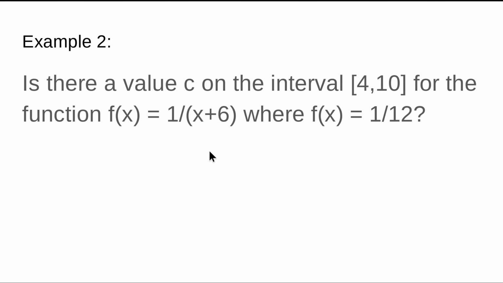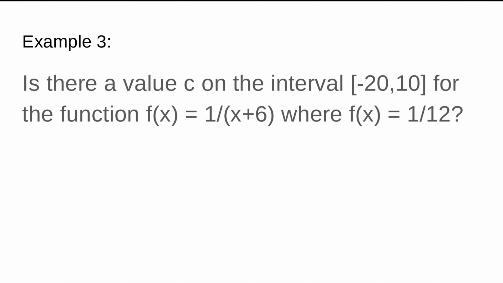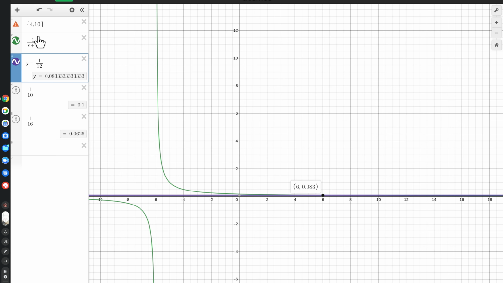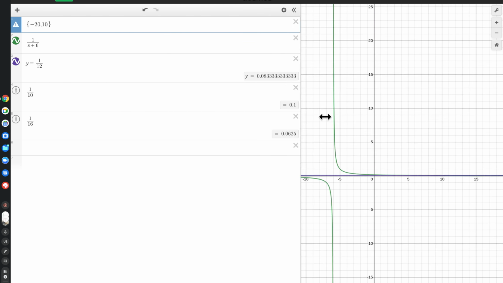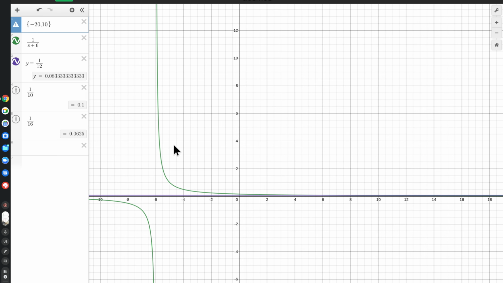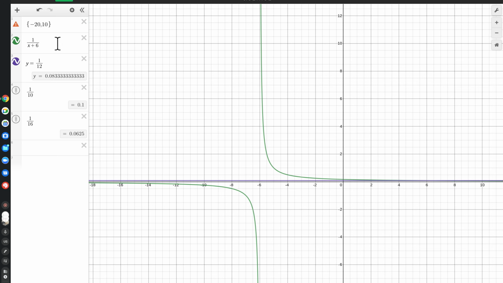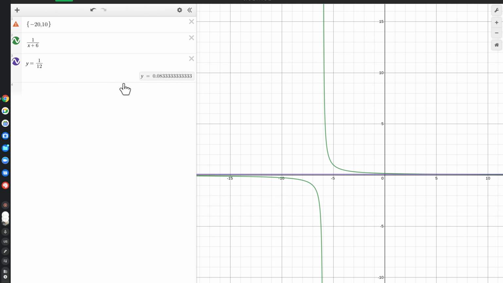So finally, we got this one. This is just the same thing as before, except our range has changed. Now we're going from -20 to 10, and we're still with the same function and the same value to look for. Now we reach a problem, because now it's not continuous along the whole graph. As we saw before, the one part where it's discontinuous is x equals -6.